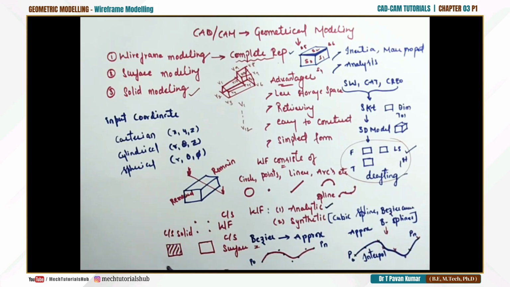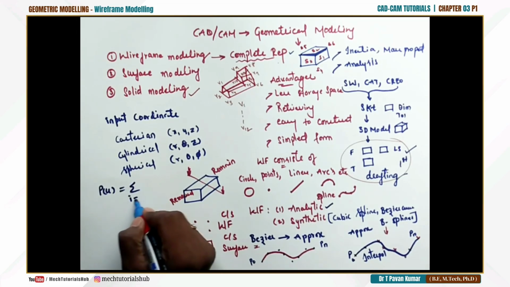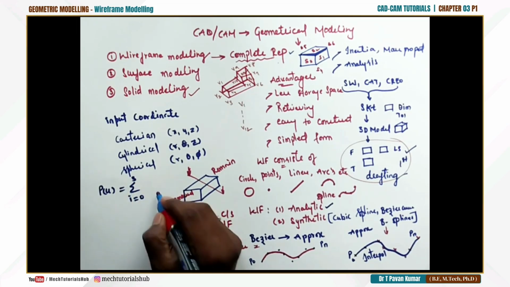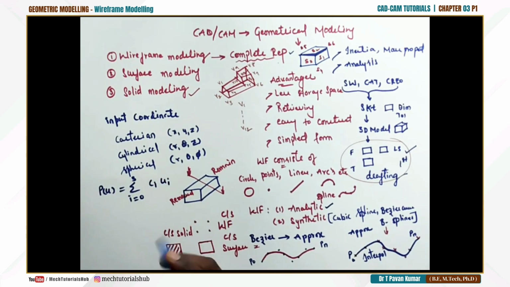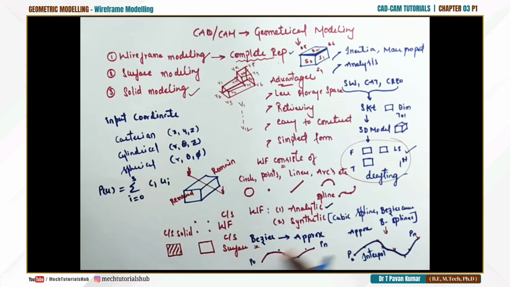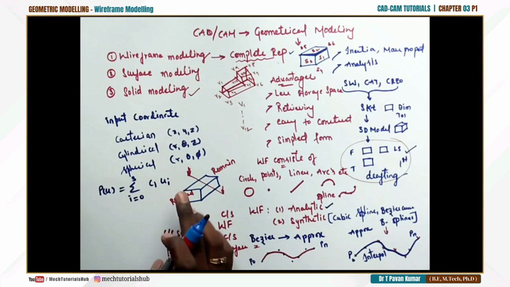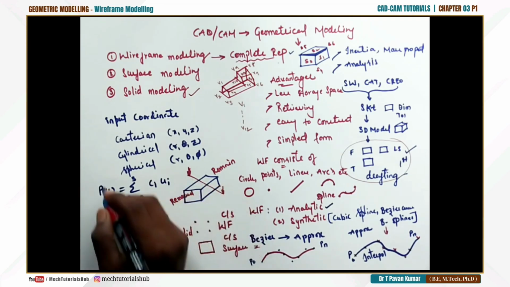In case of the Hermite cubic spline, the equation is P(u) = sigma i = 0 to 3 of C_i u^i, where u acts as a parameter and C_i acts as a polynomial coefficient. With this equation we will get the Hermite cubic spline. This is for cubic spline.